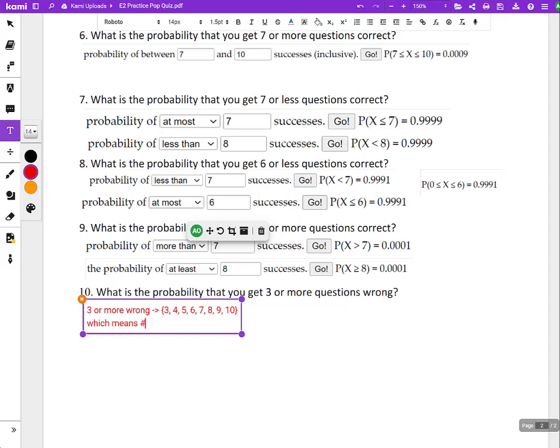The number of possible right answers. Well, if you get 3 wrong, that means you got 7 right. If you got 4 wrong, you got 6. And so you'll see that this will become that. So it's basically 7 or less correct.